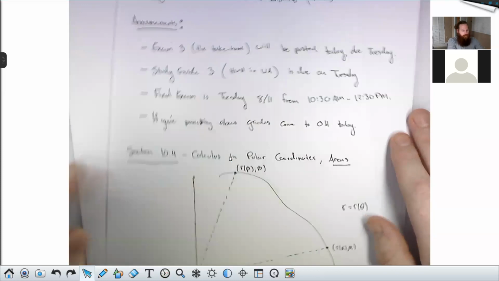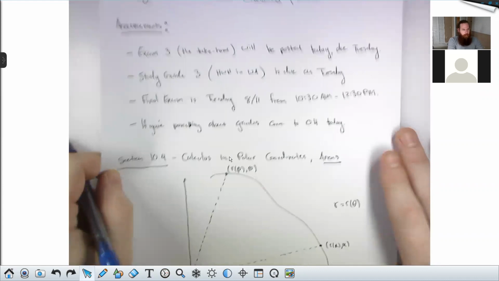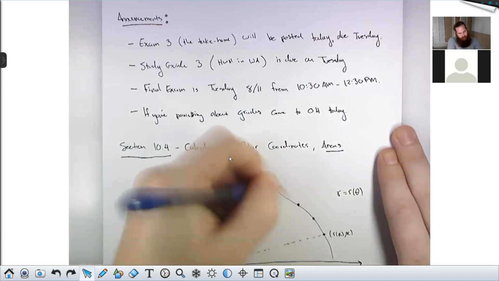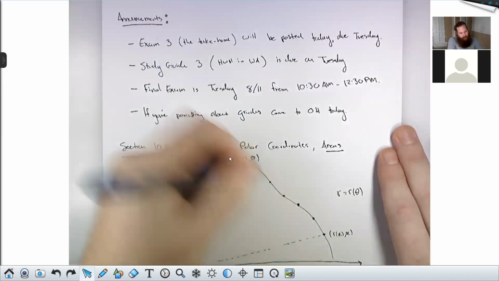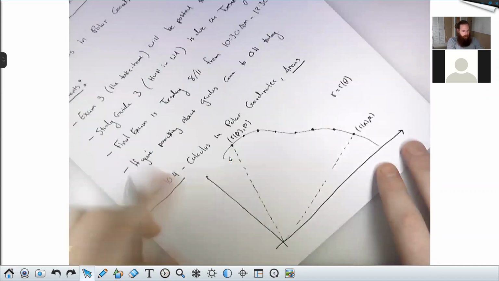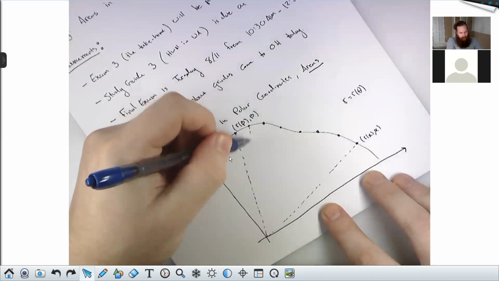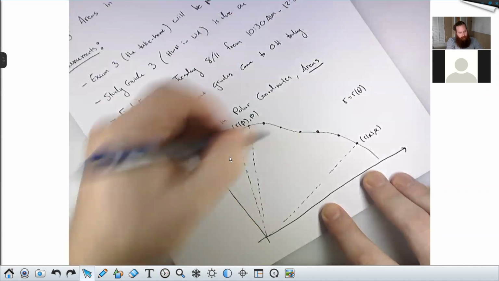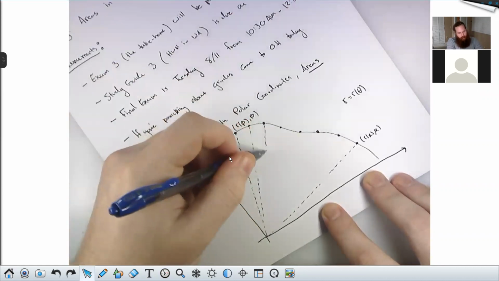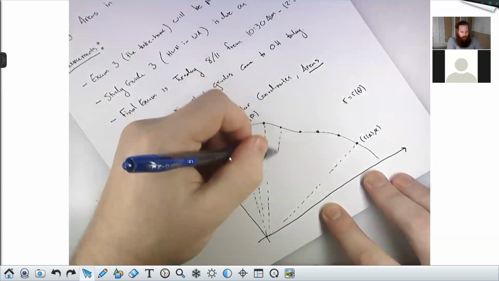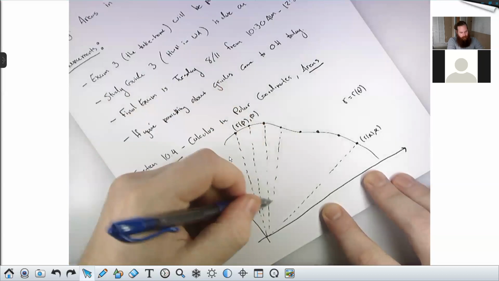If I want to find all this area, the way I do that is by chopping up into a bunch of little pieces and approximating each of those little wedges with a triangular thing. And this is where our polar Riemann sums will come from. And then we'll see how that Riemann sum passes to an integral, kind of like we did for the arc length when we talked about parametric curves.